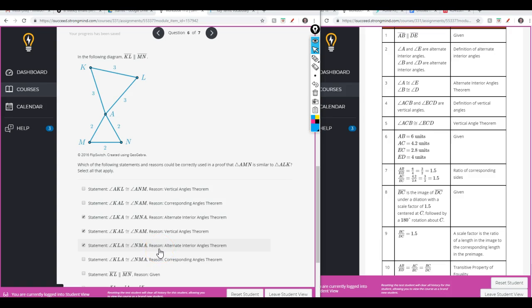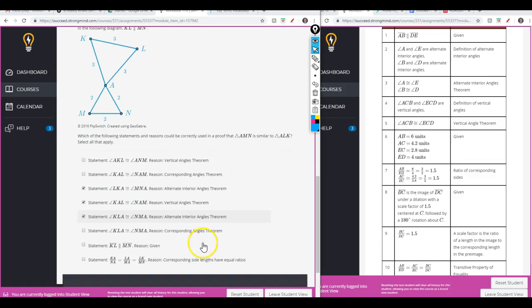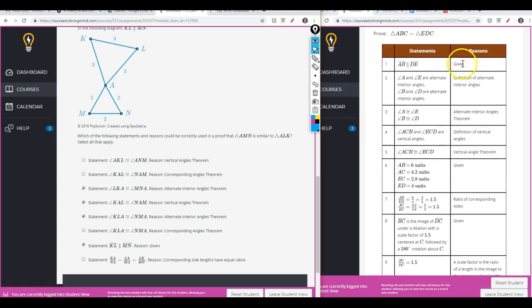That means we aren't going to choose any more that are talking about corresponding angles. The statement that segment KL is parallel to MN was very important because we used that in our alternate interior angles. Also notice that this statement starts off with what was given right from the get-go.